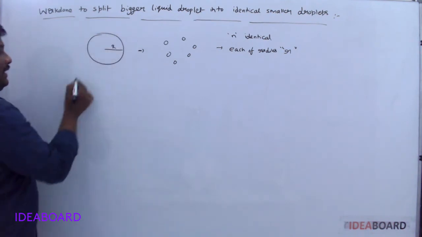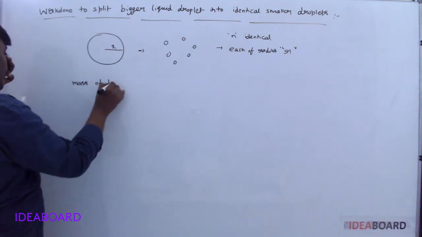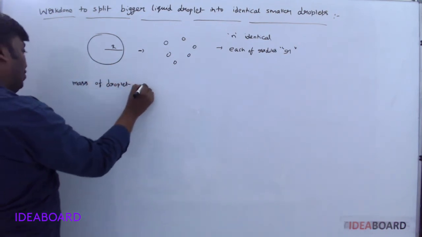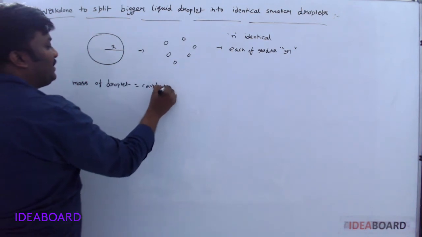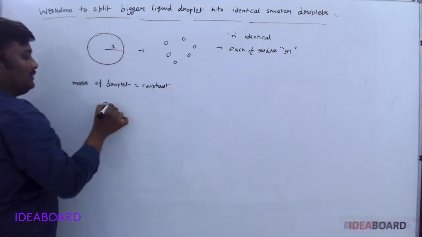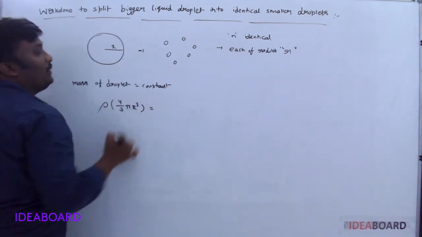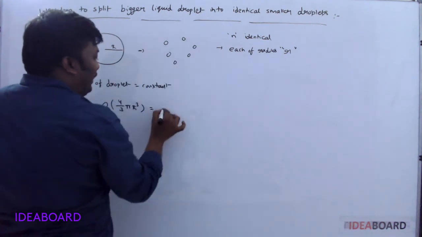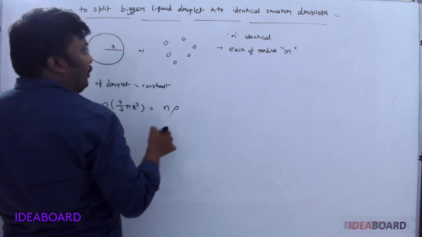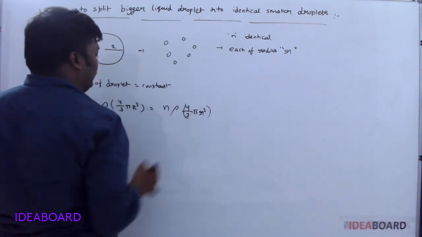Before that, the mass of the liquid drop always remains constant. Mass means density into volume. Density of the liquid drop is rho. The liquid drop is generally in the form of a sphere. So 4/3 pi R cube is equal to n droplets, rho into 4/3 pi small r cube.